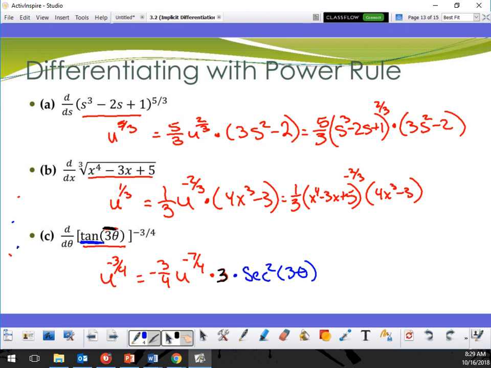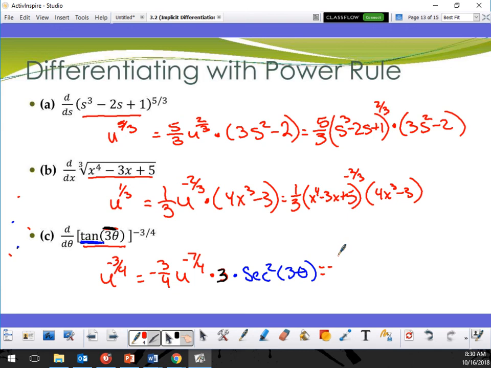So now I'm going to clean that up and put it all back together like it's supposed to be. So all of this together, we said u is the tangent of 3 theta, right? I'm going to multiply these together.